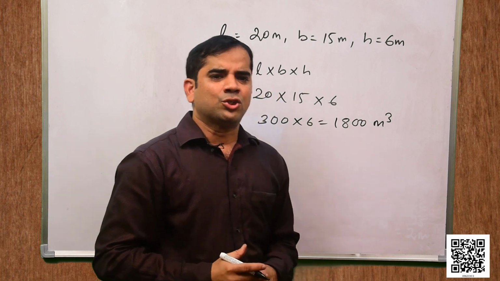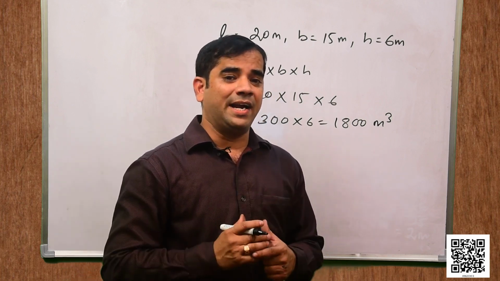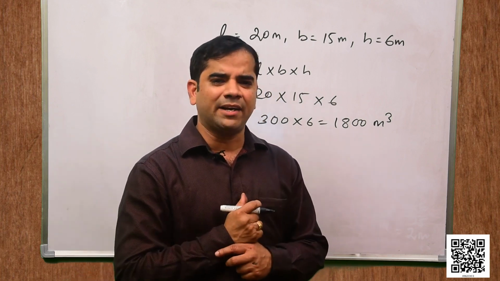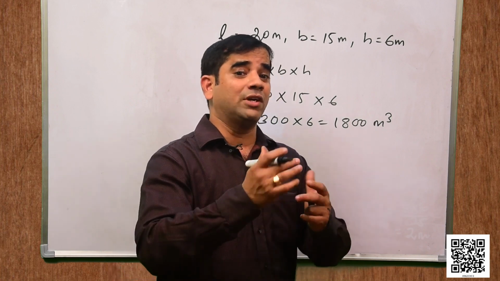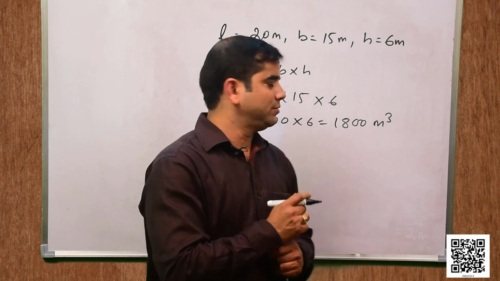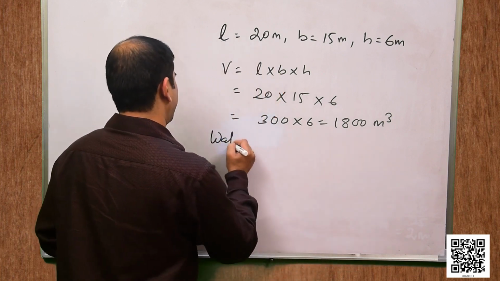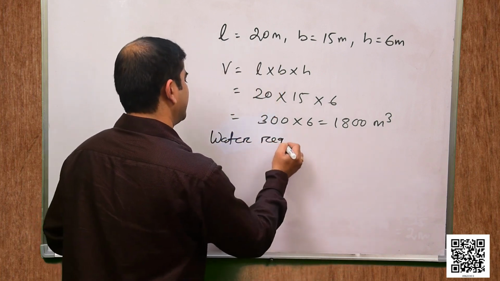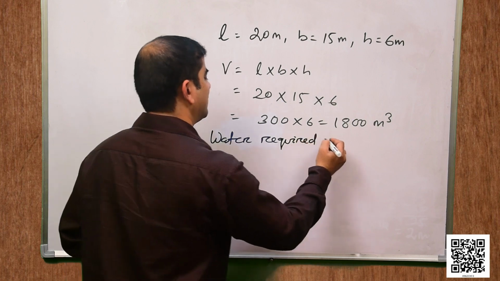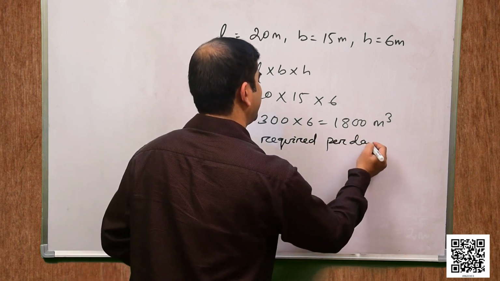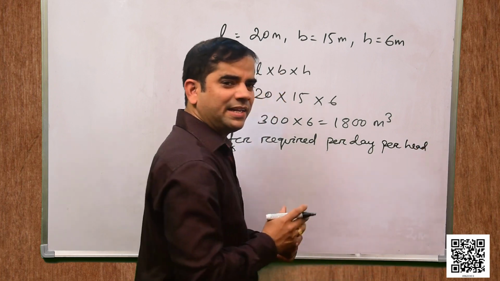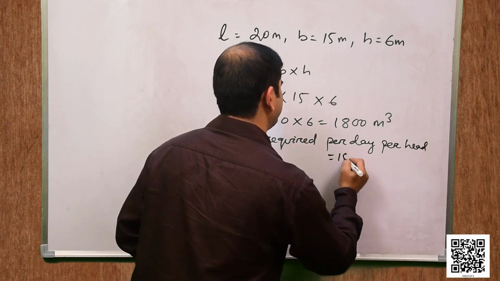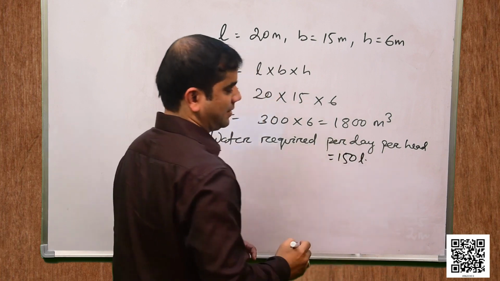So, water required per head per day is 150 liter, isn't it? So, water required for 4,000 people is to be found. Water required per day per head is given as 150 liter.